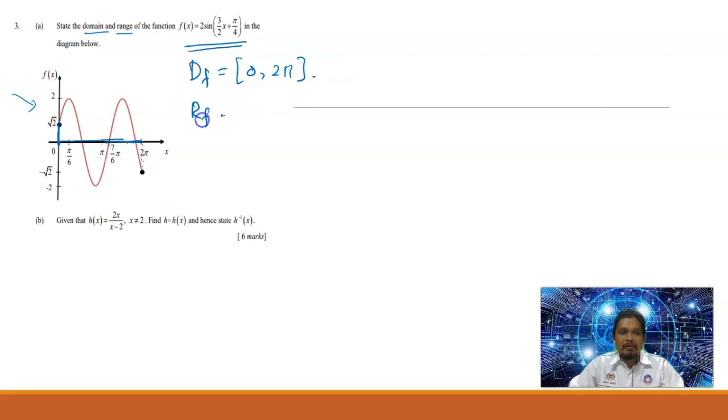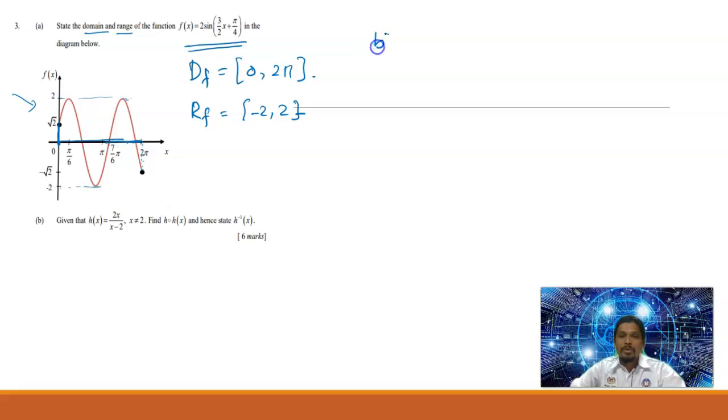And the range of f, range is all about y. So the value of y here, the maximum is 2, and the minimum here is -2. So that is from -2 until 2. Okay. Given that h(x) equals this, h cannot be equal to 2, find h composed with h, h(h(x)), and state the h inverse of x.